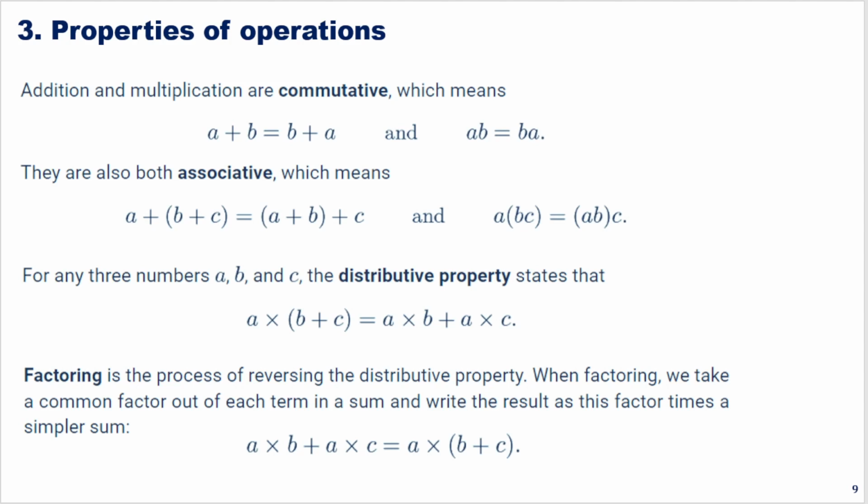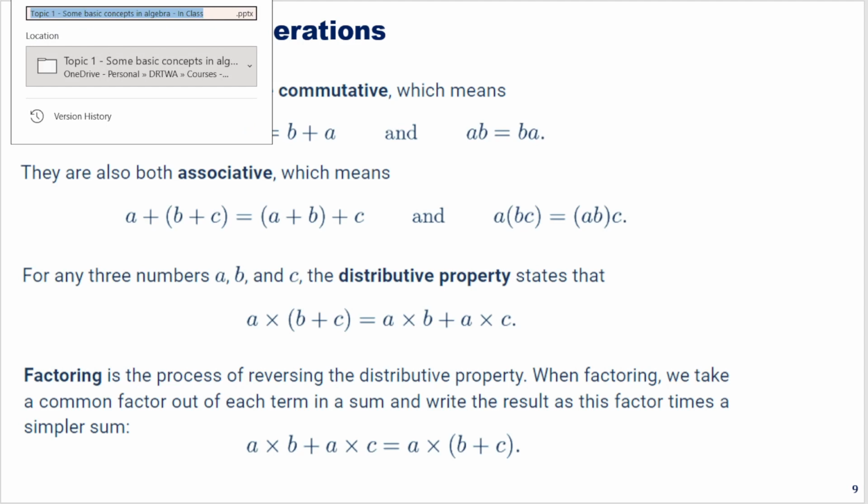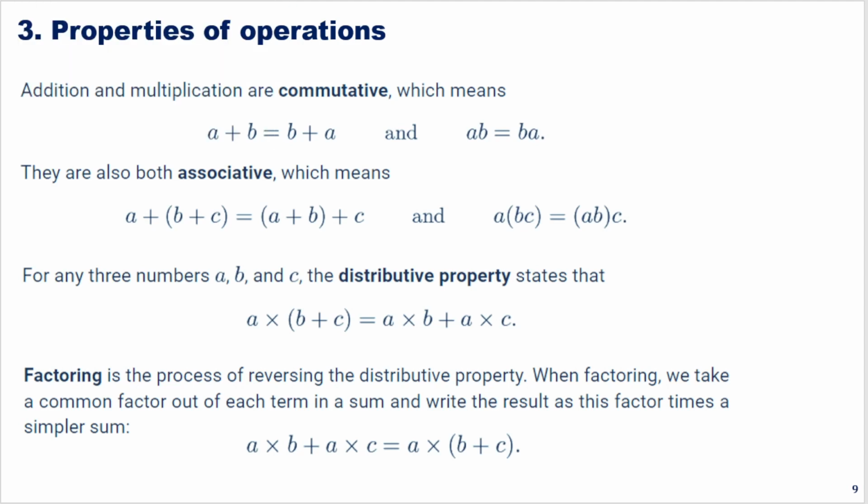Properties of operations. We have some properties of addition and multiplication. So addition and multiplication are commutative, which means if you change the order of the operands, the result is the same. For example, a plus b equals b plus a. The order does not matter.